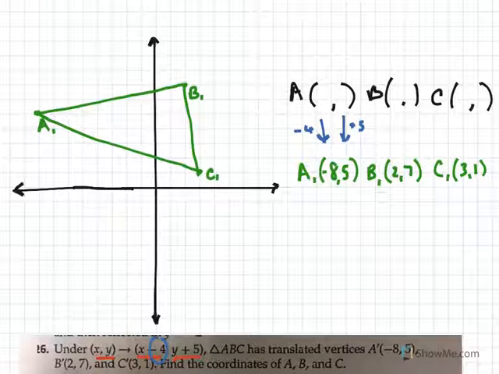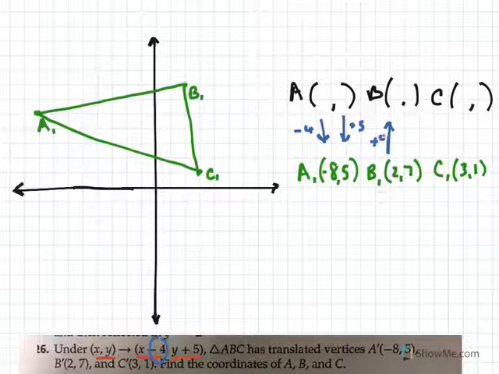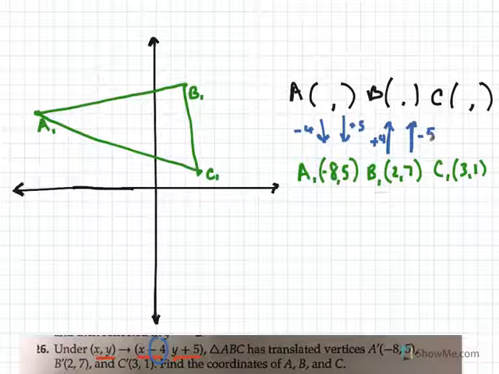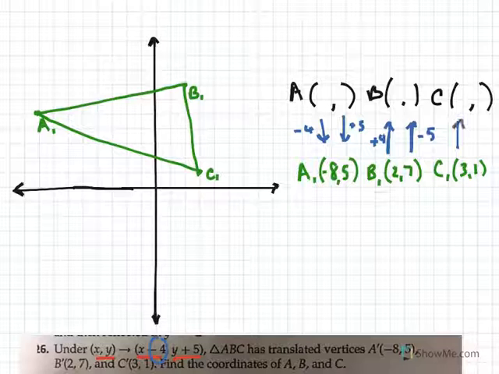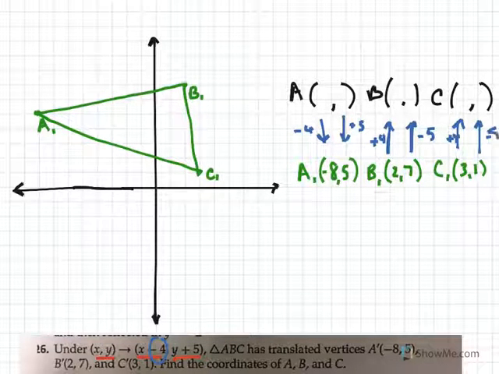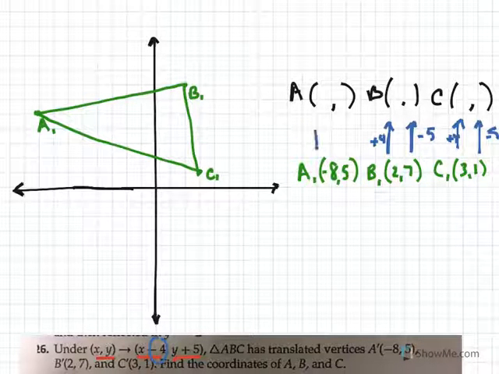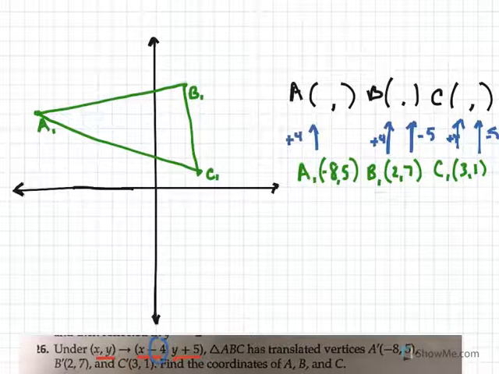So now, instead of subtracting 4 from every X, we're going to add 4 to every X. Instead of adding 5 to every Y, we're going to subtract 5 from every Y. So I'm going to replicate this change, erase this old one and write the new change. And this is how we work backwards to find the original.